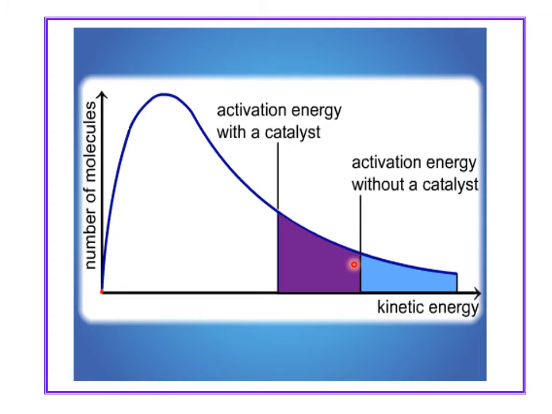So without catalyst, the line is here, meaning only this much of a molecule is having EA. But for the reaction that is using catalyst, the line is here. So all these purple and blue areas are the amount of molecules that have enough kinetic energy to react.